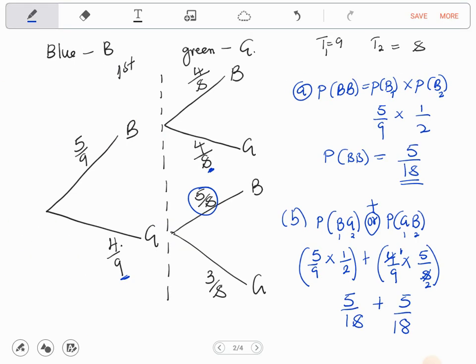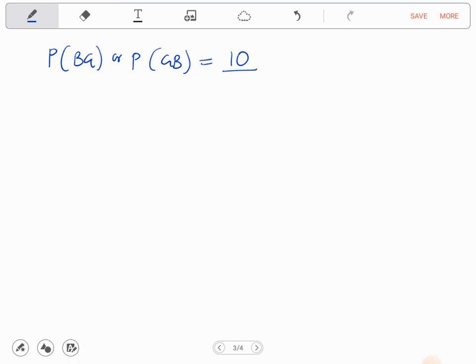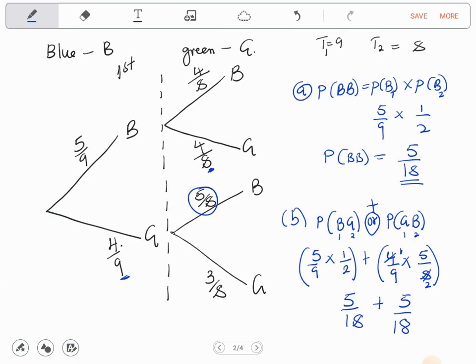And this will just end up giving me the probability of blue green, or green blue, as equal to 10 over 18, which I can still reduce to 5 over 9, because 2 can go there. So this is how this question is supposed to be done.